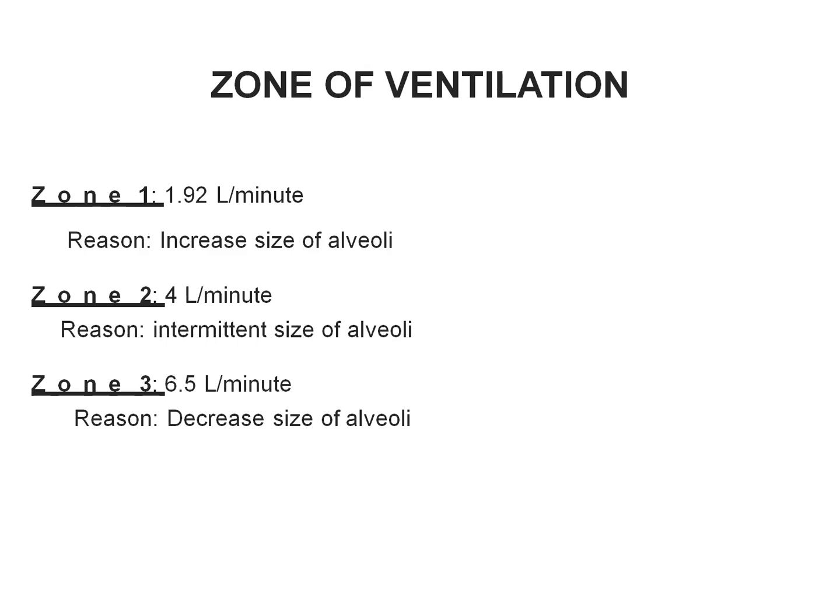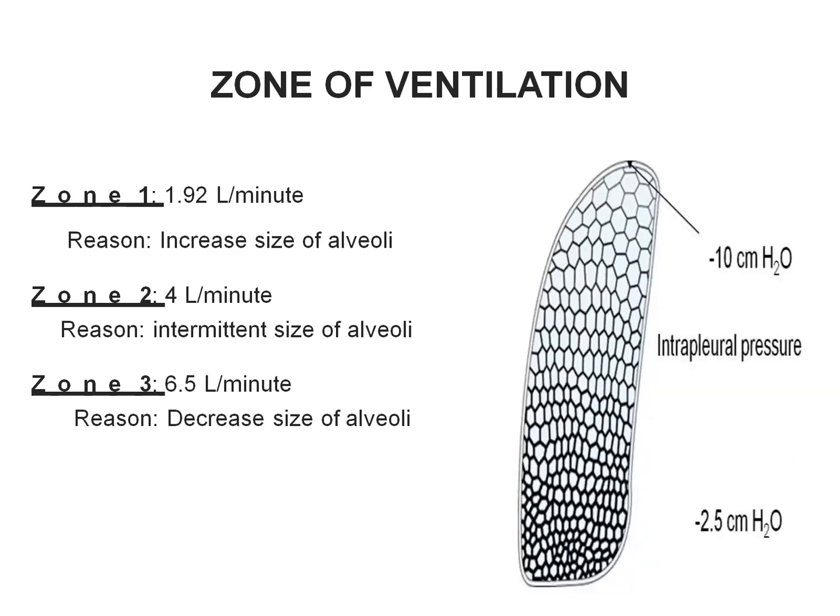So from the apex to the base, the ventilation increases. From apex to the base, the perfusion also increases. We have already discussed these two points in previous sessions, but here we are discussing the VQ ratio, and in that again I am repeating the same things.